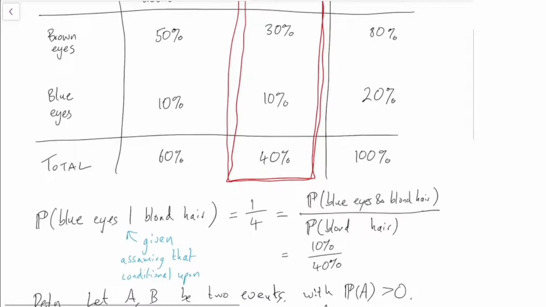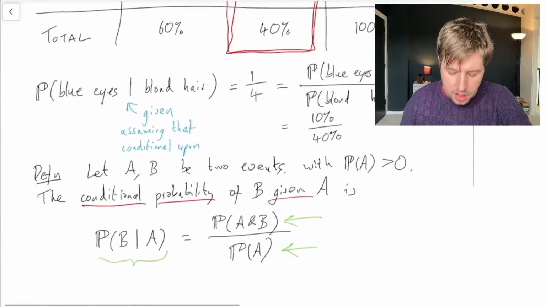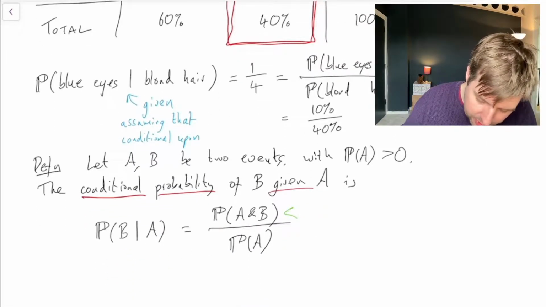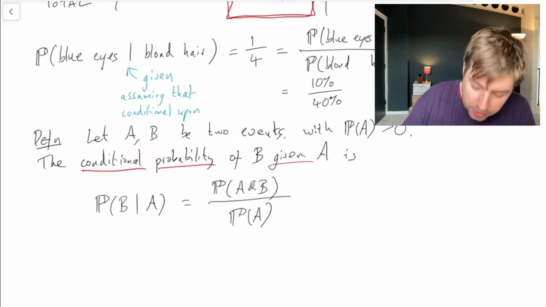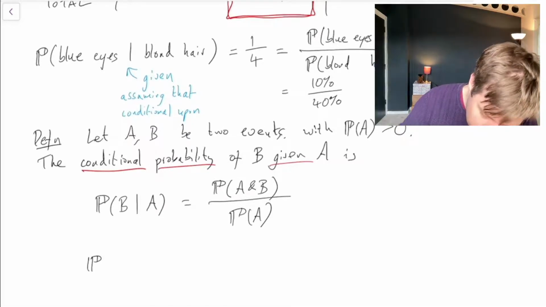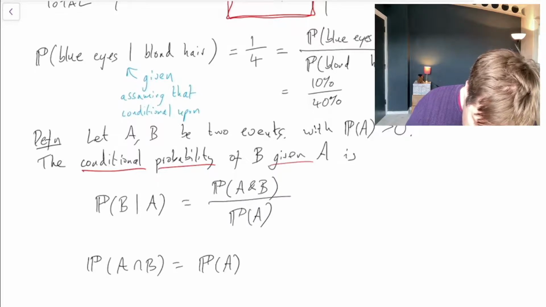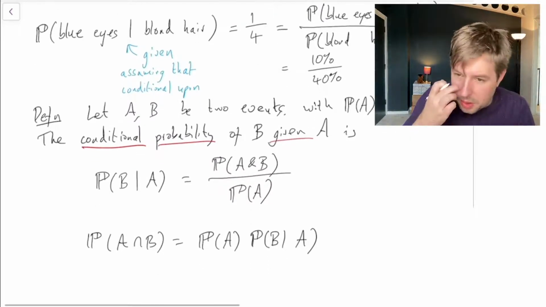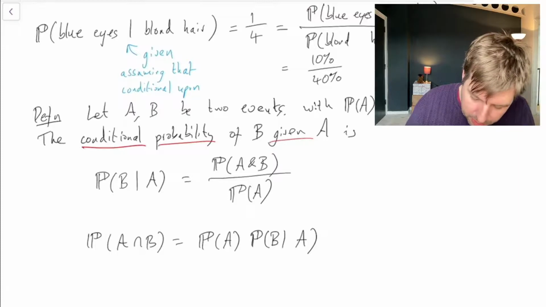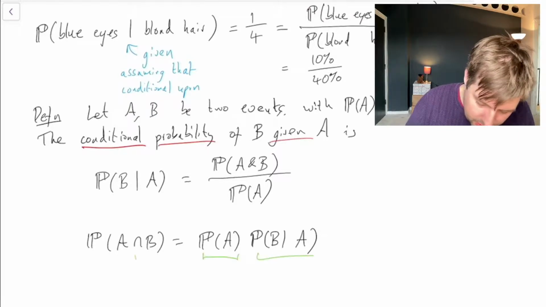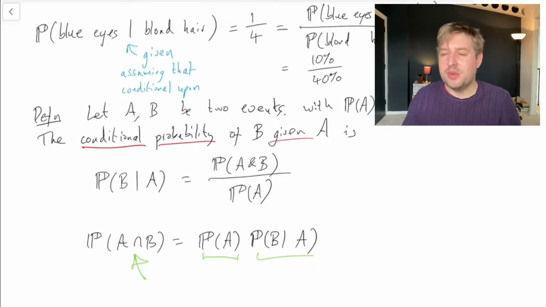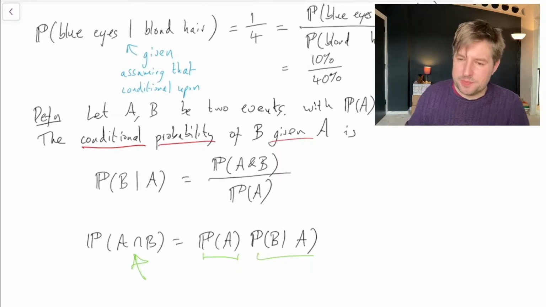And thus we could work out the probability of blue eyes given blonde hair, 1/4. The other way we can use this is it helps to rewrite it slightly. We can write this by multiplying the P(A) up. You can say the probability of A and B is the probability of A times the probability of B given A. And so if we know both of these, then we can calculate this. So we can calculate the intersection if we know the probability and the conditional probability.